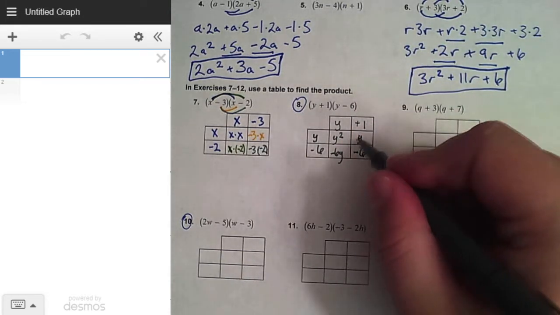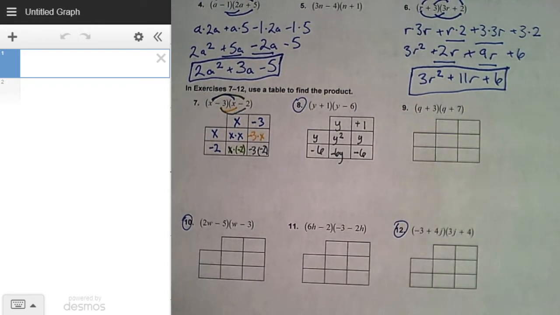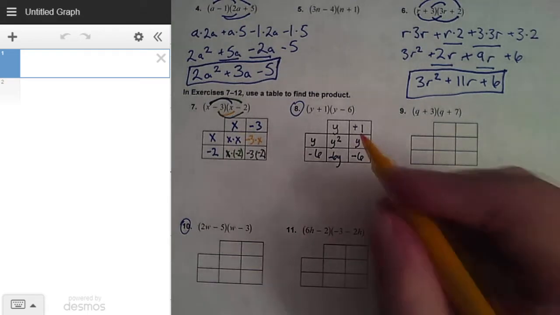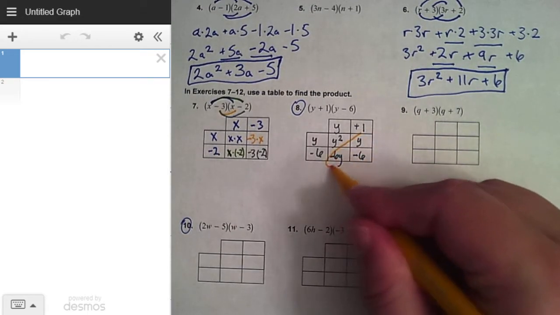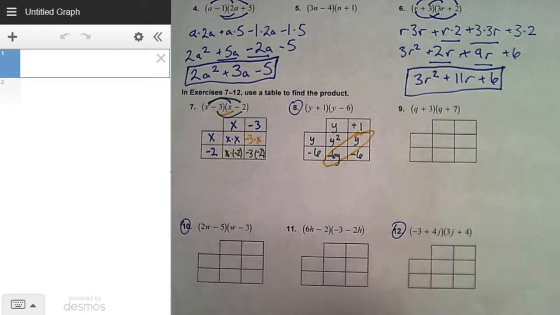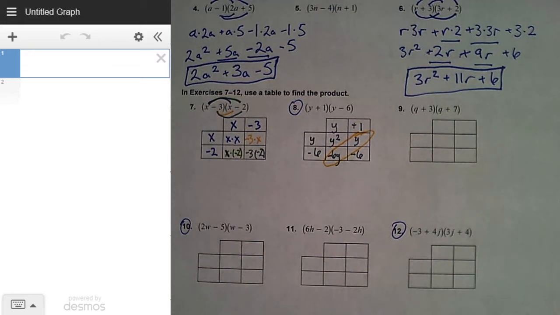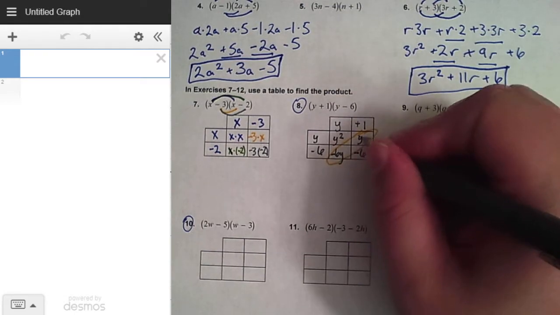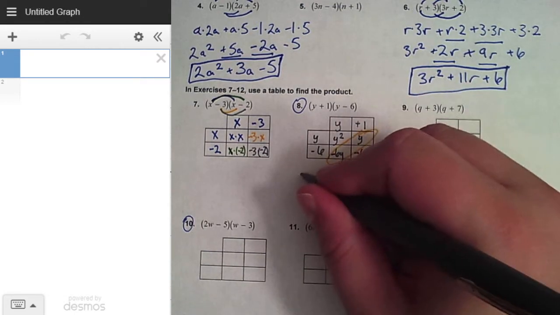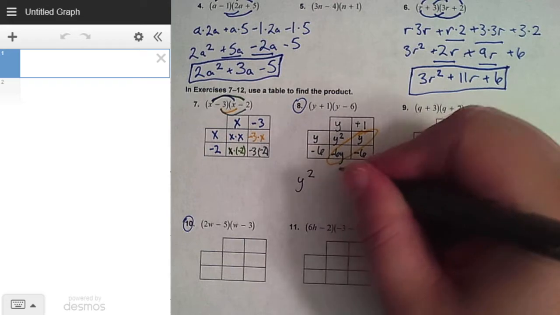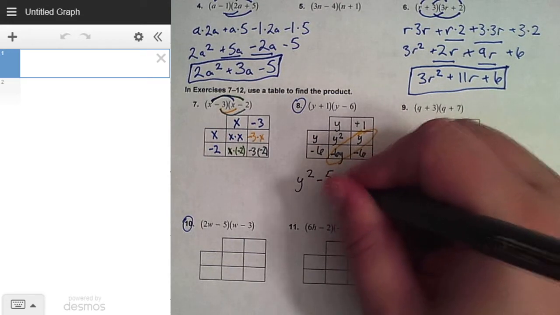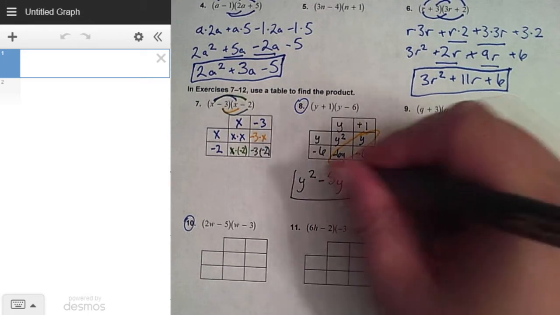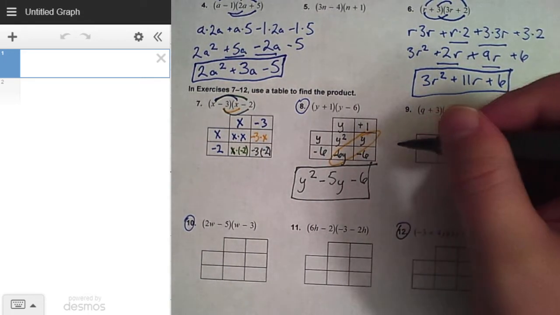You'll notice here that our like terms are going to be right there. We need to combine those like terms. So negative 6 plus 1 is going to be negative 5, so we can just get y squared minus 5y minus 6. Box that answer. There we are.